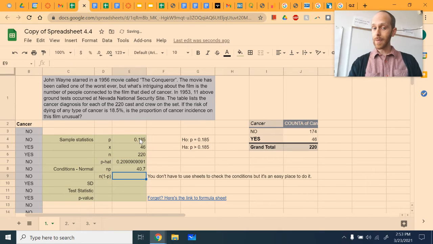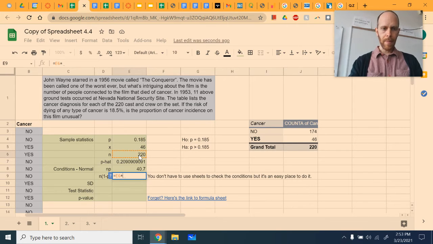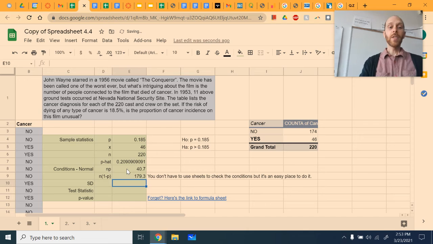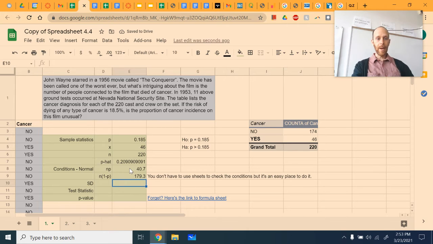That gives me a number that is bigger than 10. And then n is 220 multiplied by 1 minus p, also bigger than 10. So these are both bigger than 10, which allows me to conclude that we have a normal distribution.